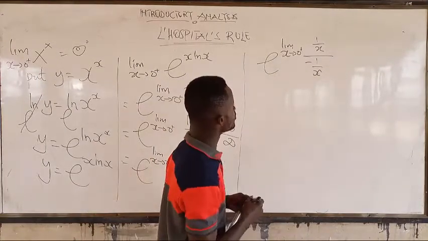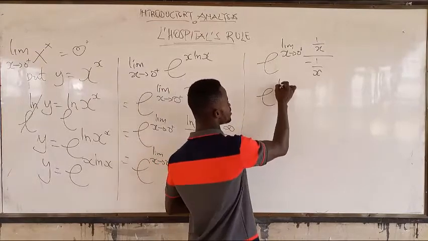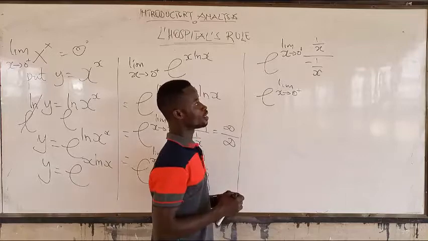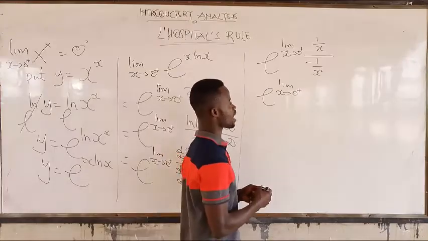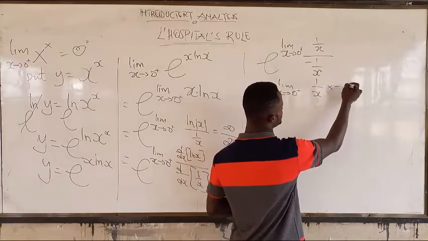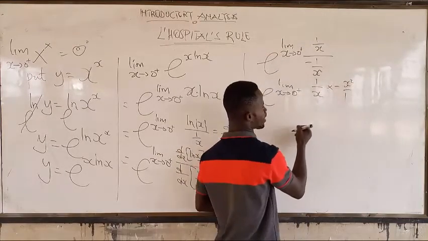Very good. So with this, it's going to be the same as 1 over s times negative s squared over 1.